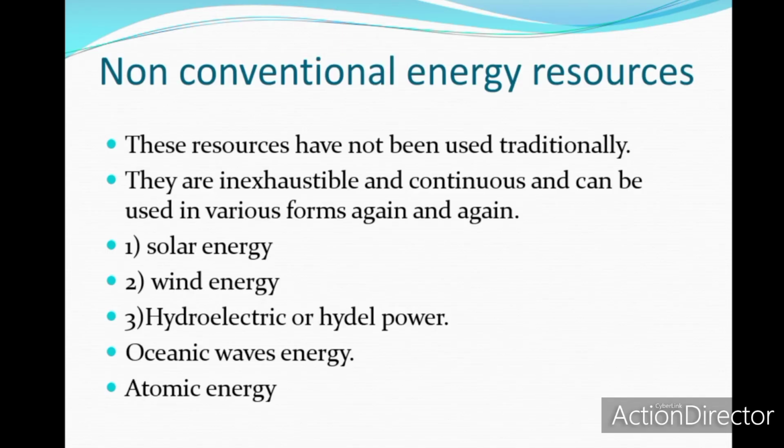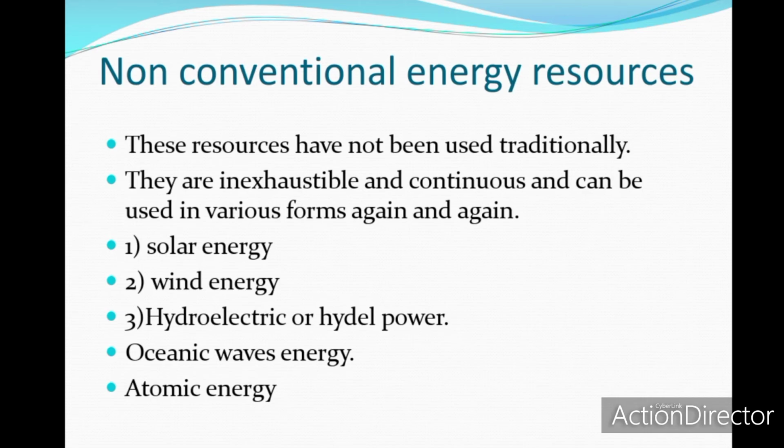The other type of energy resources is non-conventional energy resources. These are also called renewable energy resources. Renewable means what? It can be created again and again. These resources have not been used traditionally. They are inexhaustible, which means they cannot be finished.